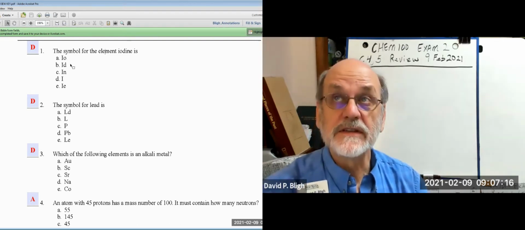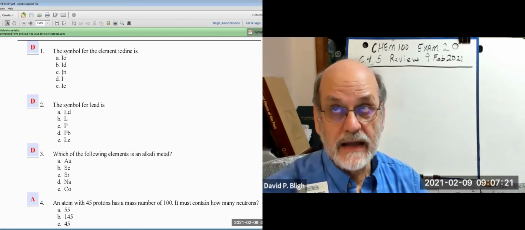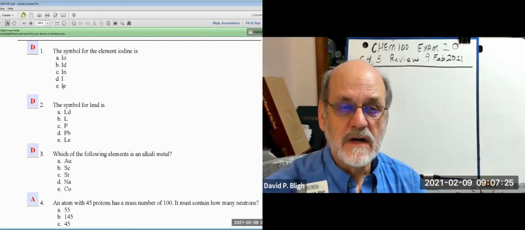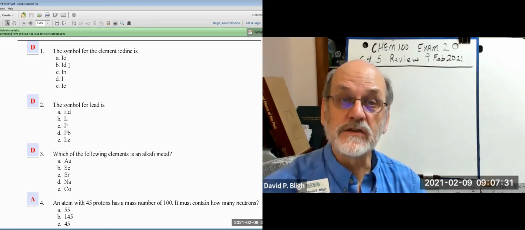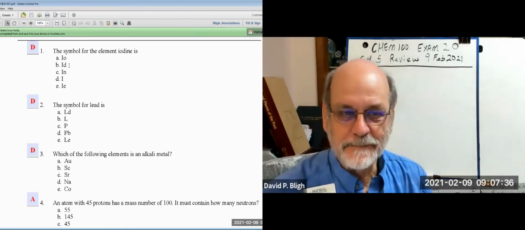There are these other symbols. I'm pretty sure IN is indium. IE, ID, and IO are fictitious. So I is the symbol for iodine.